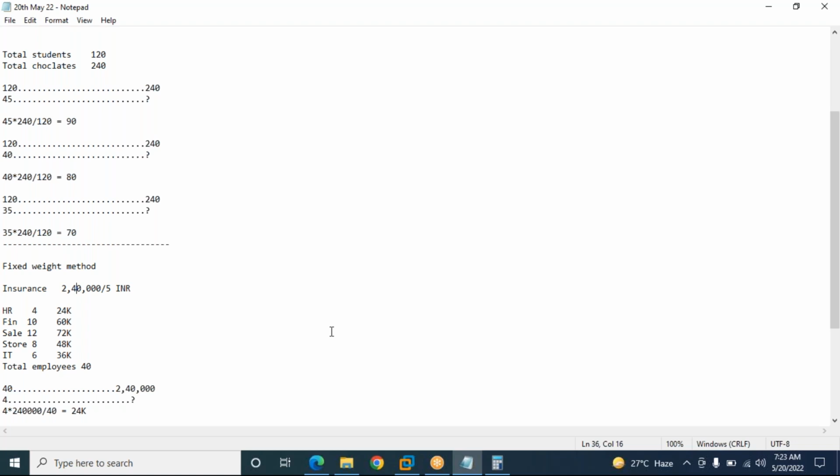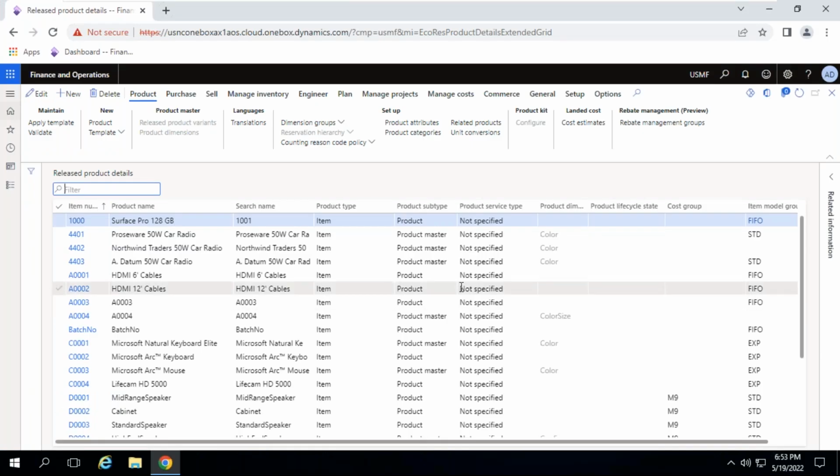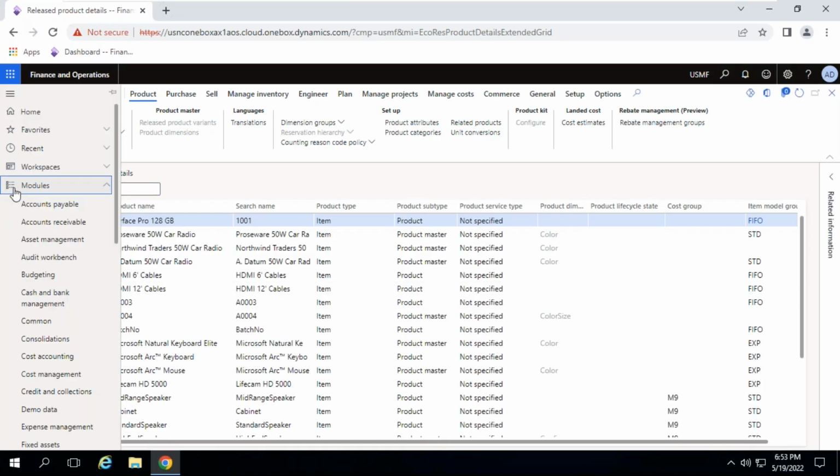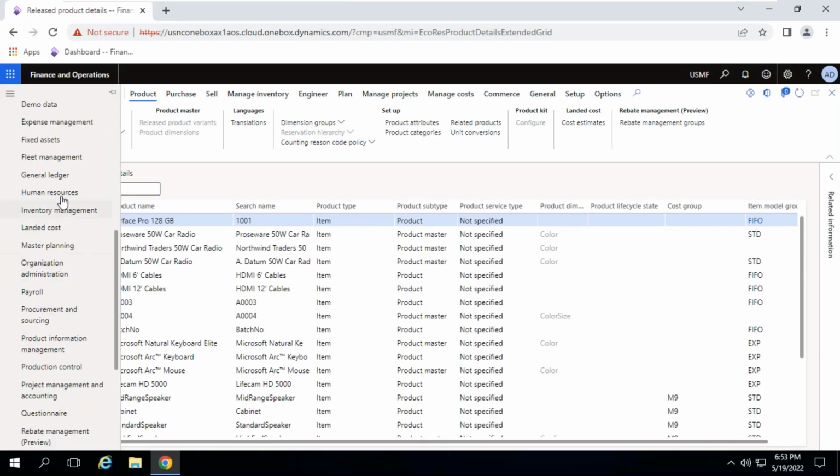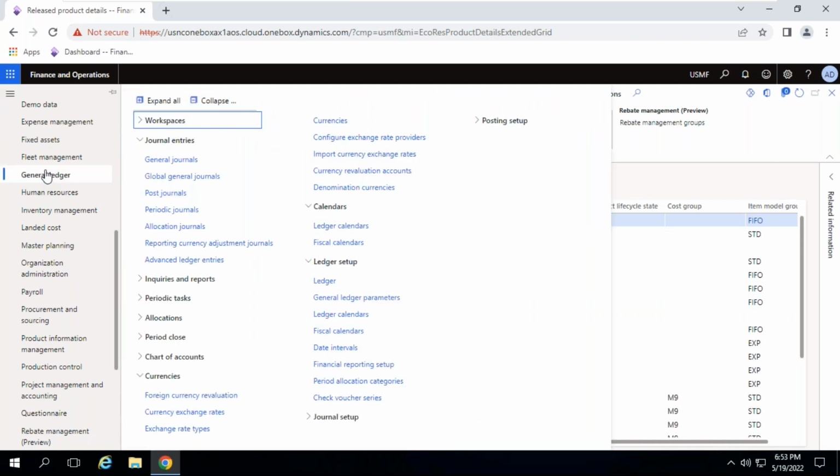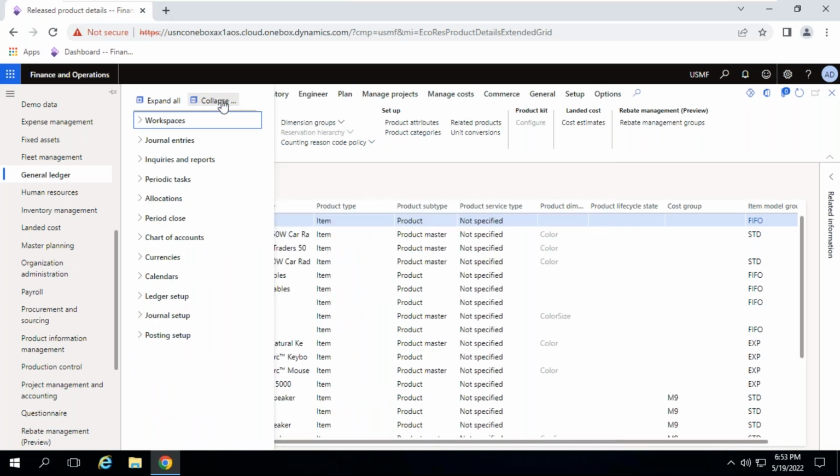Okay, fine. Let me show this. Now, general ledger. While learning, you need to take simple examples. Once you learn, then after some time, you need to enhance your knowledge to complex scenarios. Always, first, you need to clear the fear about any topic in your mind.